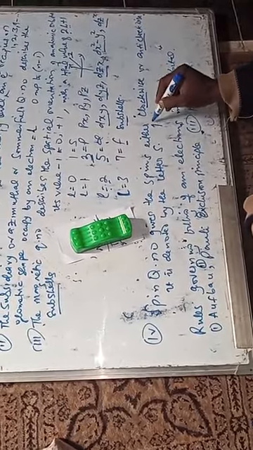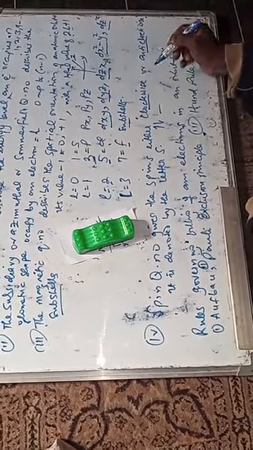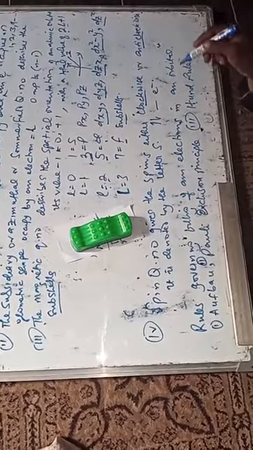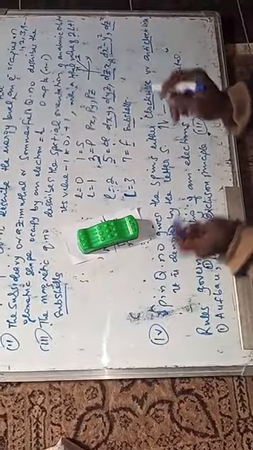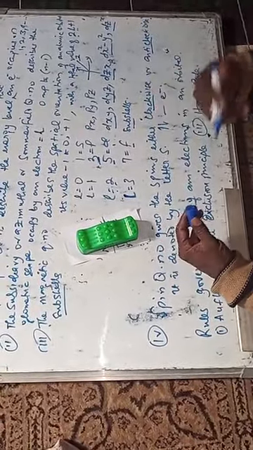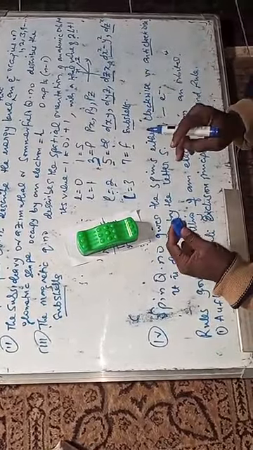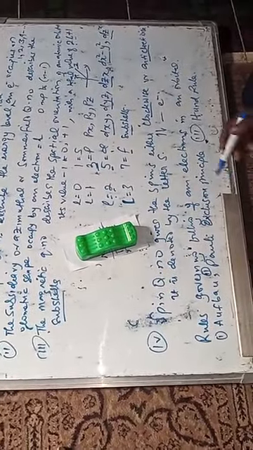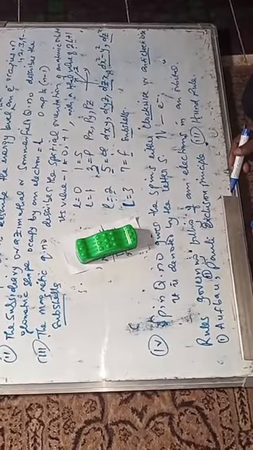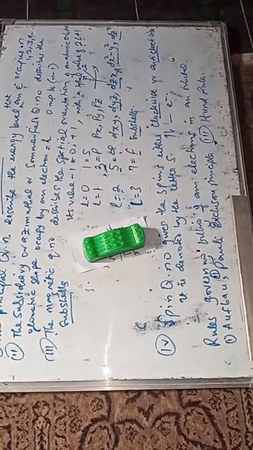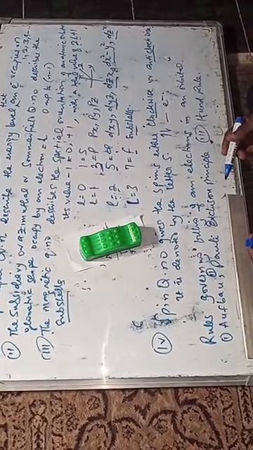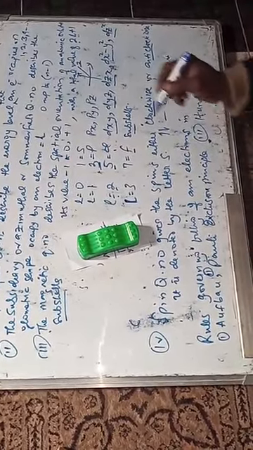Now, these are all efforts by many scientists, Schrodinger, Dirac, trying to describe the electron in an orbital. The next thing is we are going to look at the rules governing the filling of electrons. If you want to write the electronic configuration, how do you write it? You have to look at the shell.